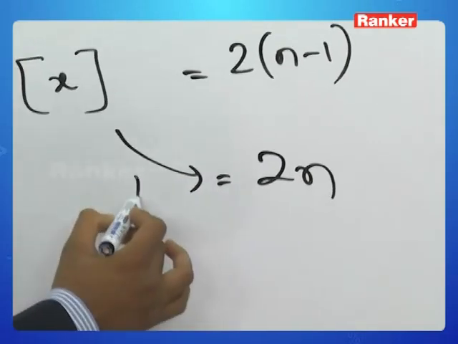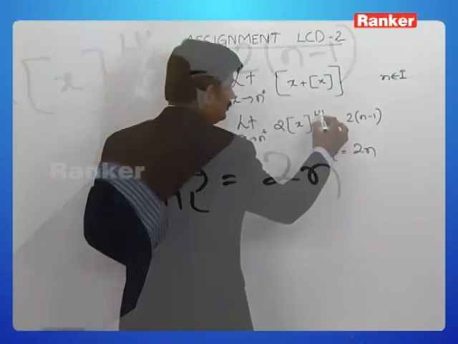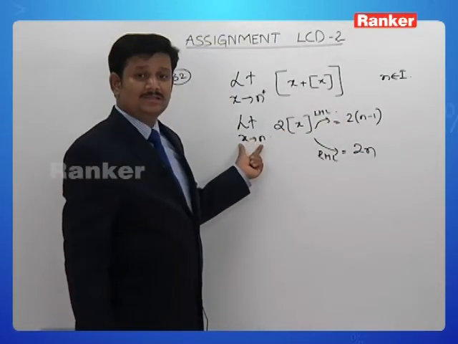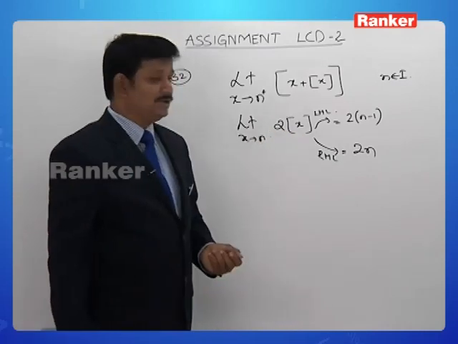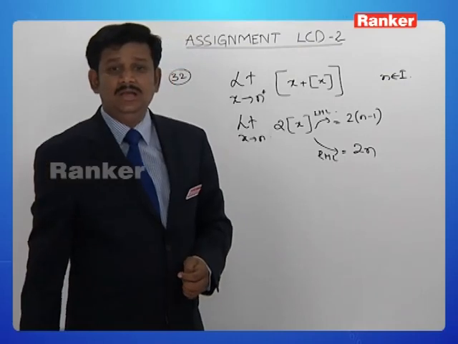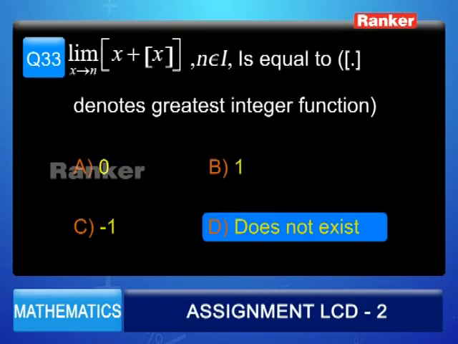We can see the RHL is 2n and the LHL is 2 into n minus 1. Because these two are different, the limit does not exist, so the answer is option D.